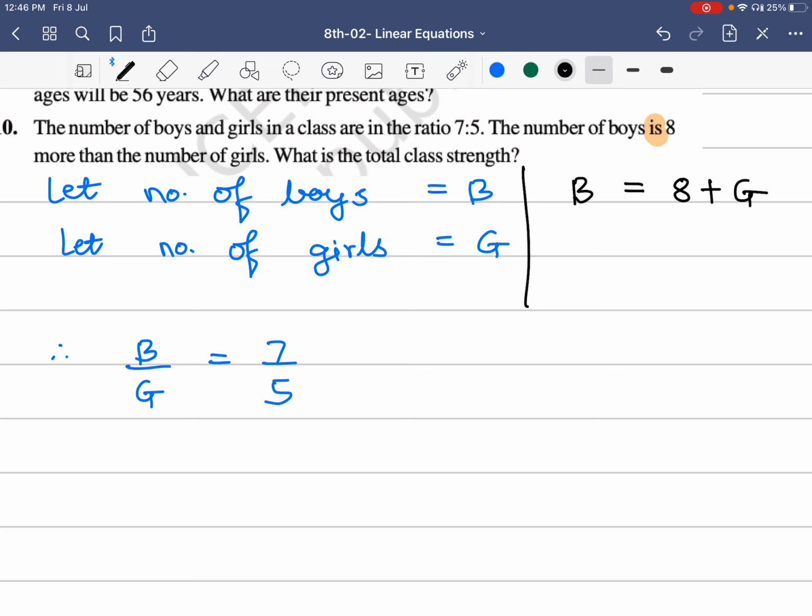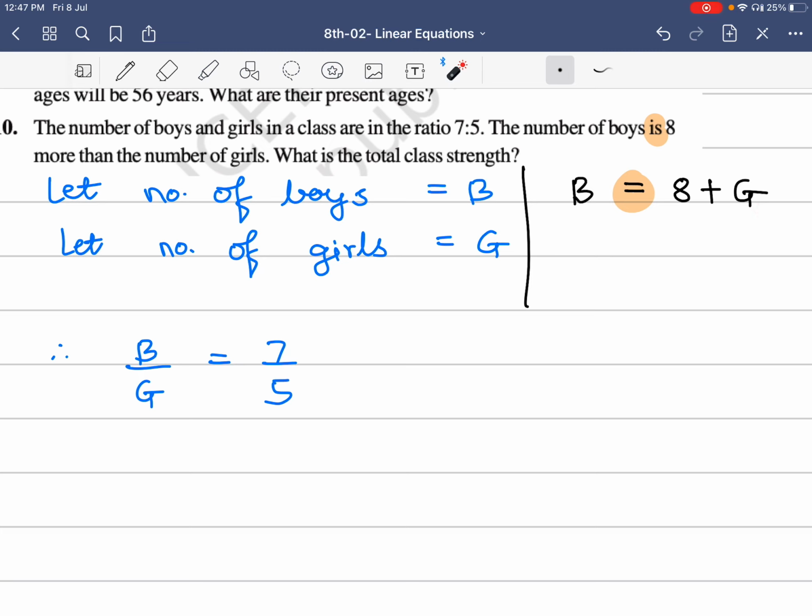Okay, so this is the second equation that the problem statement is trying to give us. Let's try to read it again and confirm that the equation we have written is correct. It says the number of boys, so B is the number of boys, is equal to 8 more than the number of girls. 8 more means addition.